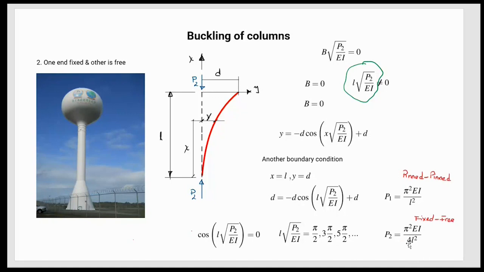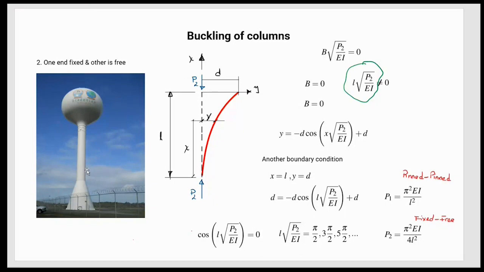Because this 4 dividing this whole term is going to make this number smaller, meaning that under the same loading and geometrical conditions of the column, meaning height or length and section properties, this case requires less force to buckle than the other case.